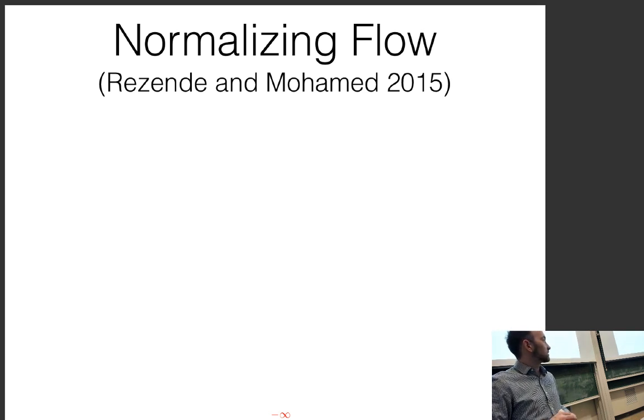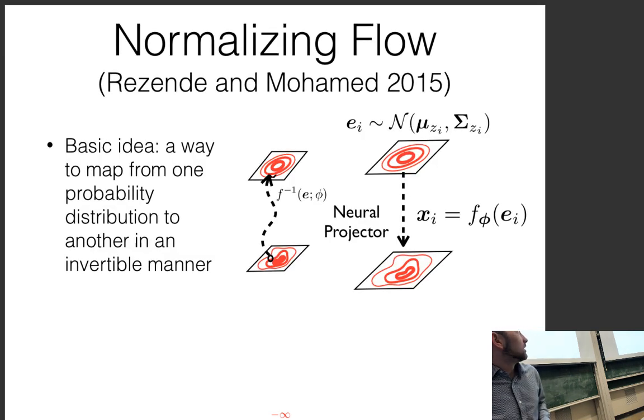And it's really useful if you want to take a simple probability distribution and convert it into a more complicated probability distribution that fits your data well. So the way it works, basically, is you add an additional condition on your neural projector. So you have a neural projector that can project from the original underlying latent distribution into the distribution of the data that you actually saw.